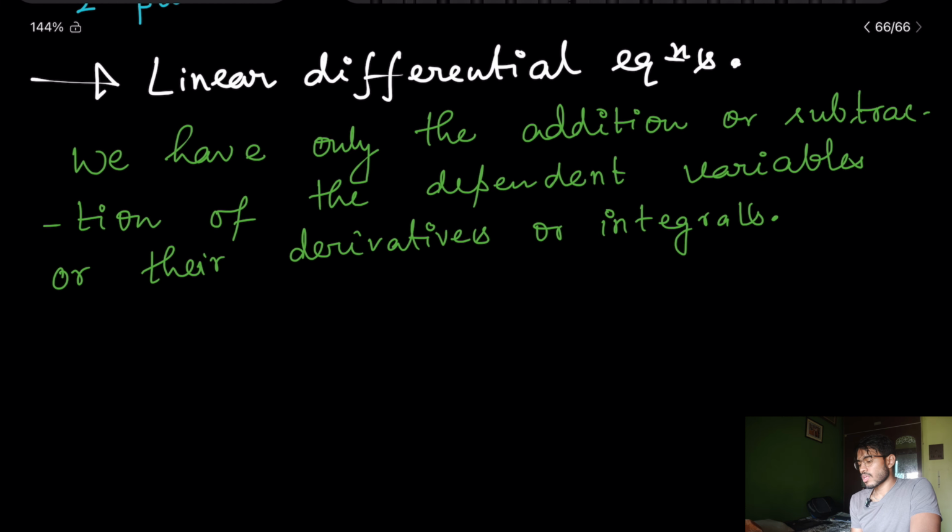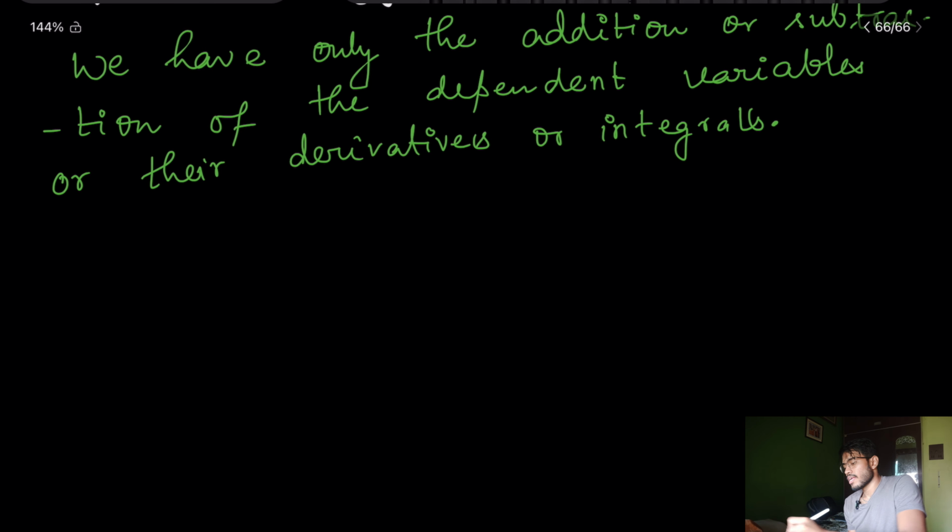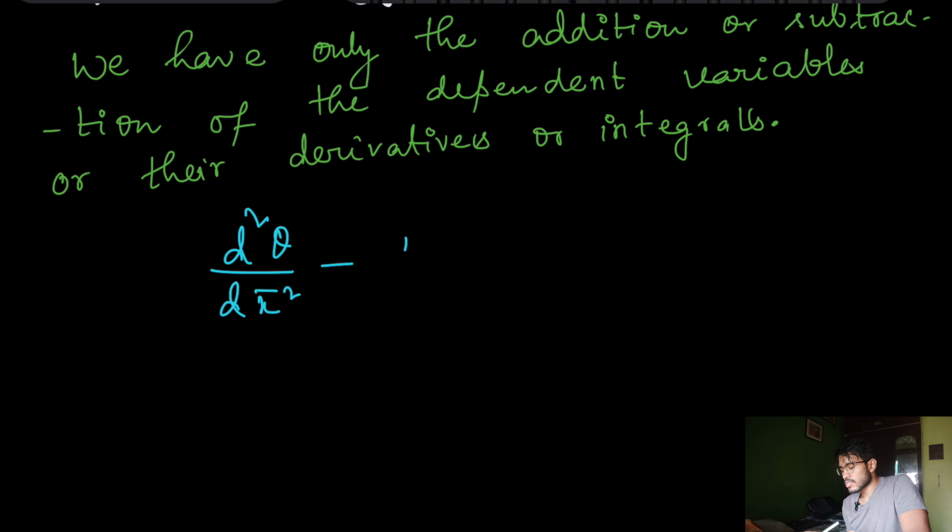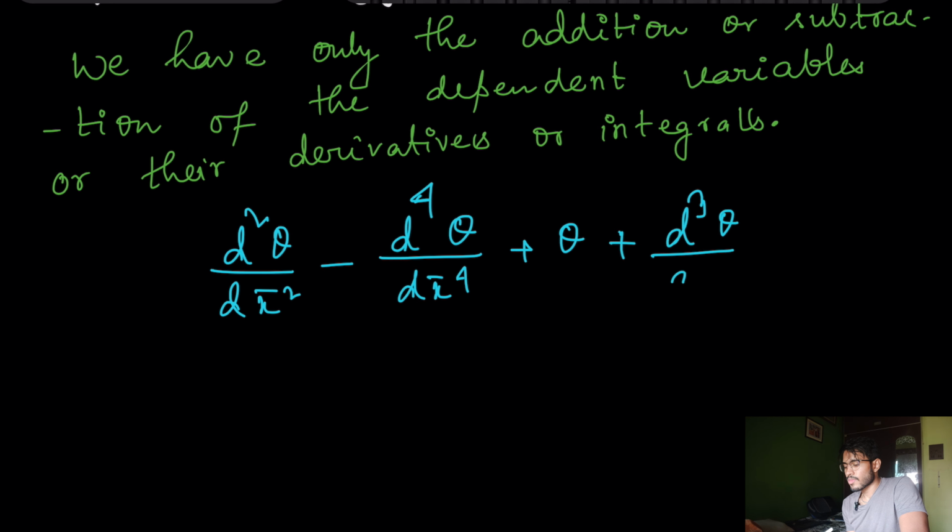So that means you may have d2 theta by dx bar 2 minus d4 theta by dx bar 4 plus theta, plus d3 theta by dx bar 4, anything like that, plus some theta times a.